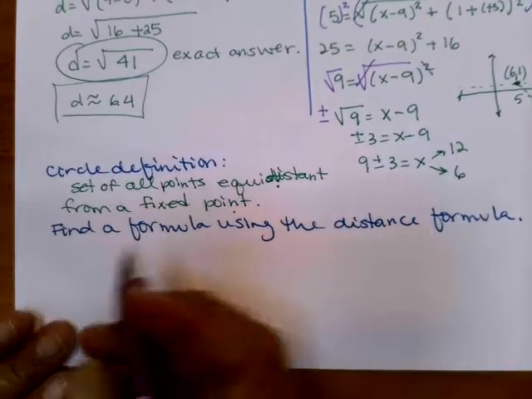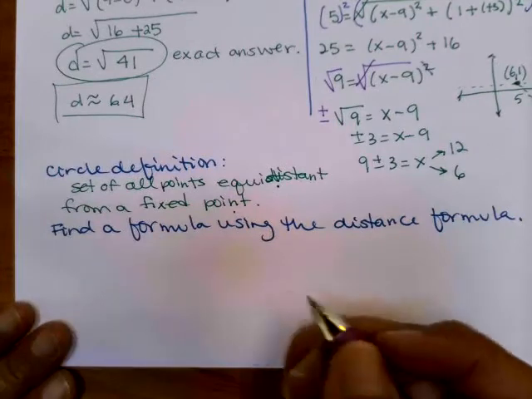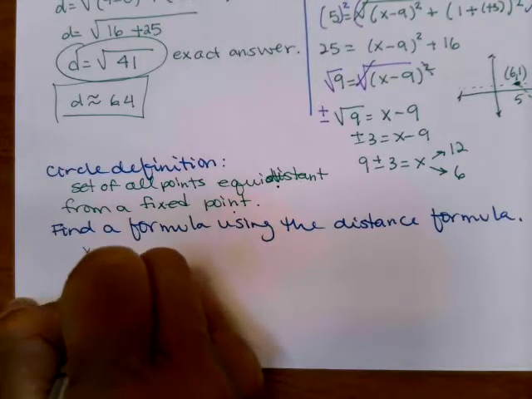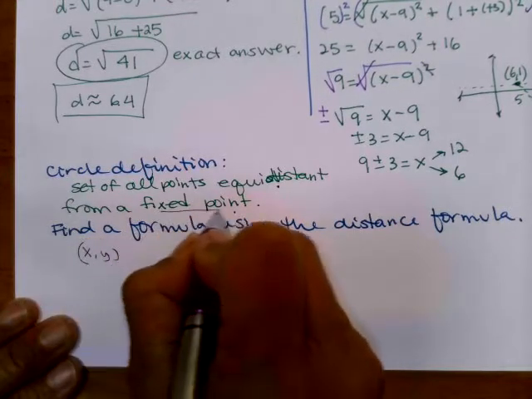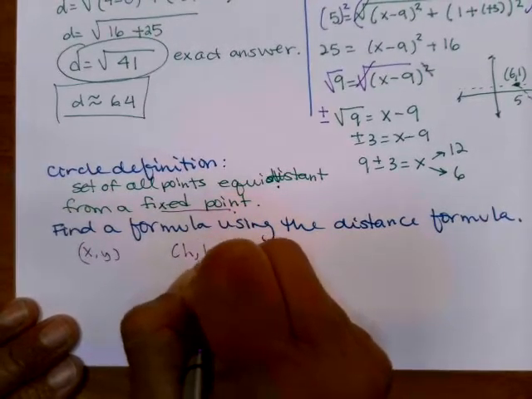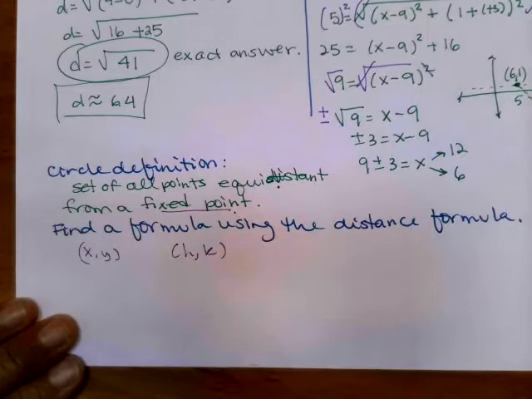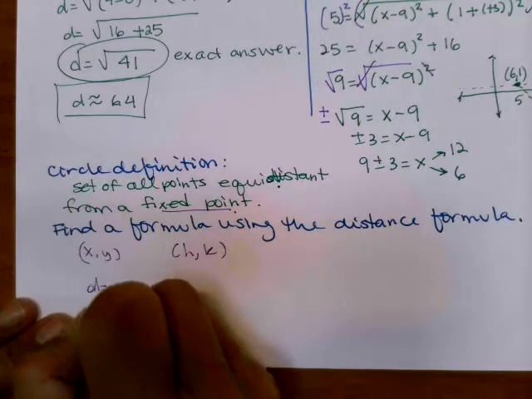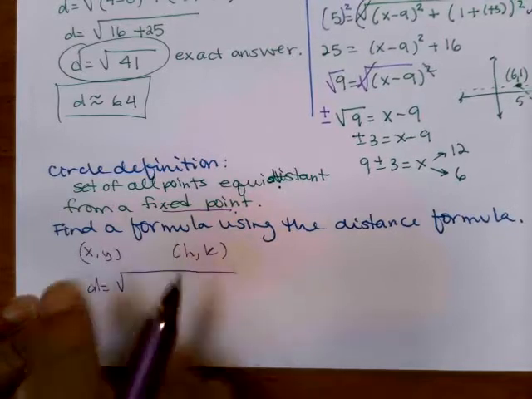Okay. So we'll let the set of all points be (x, y). And that fixed point is going to be known by the coordinates (h, k). So using the distance formula, distance equals, right, because we want it to be constant.